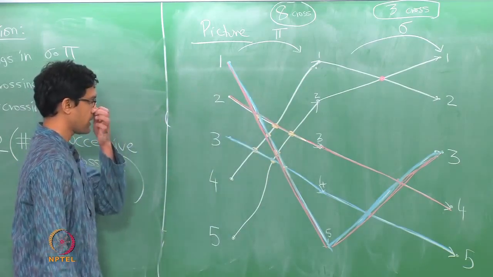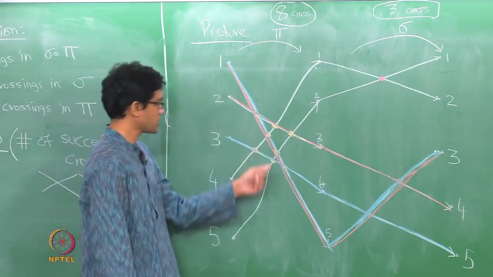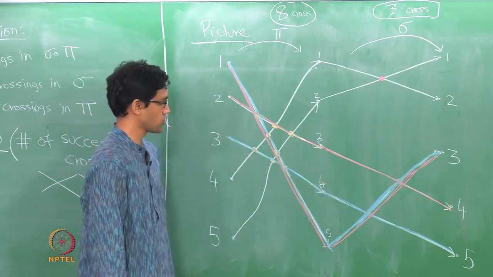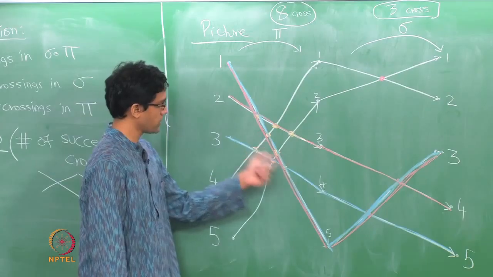So what is marked in the diagram, the blue lines give you one successive crossing and the red lines give you another successive crossing.